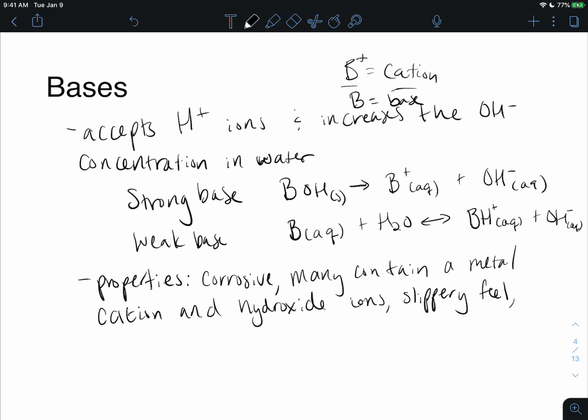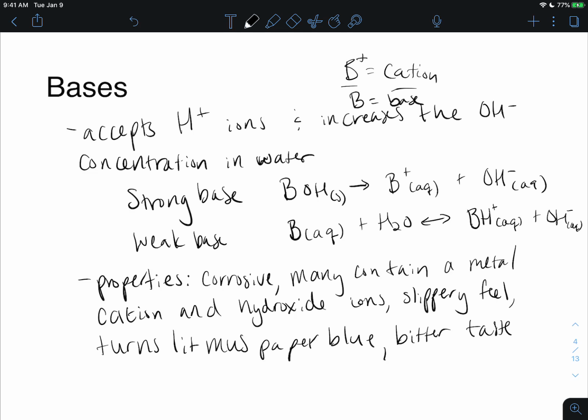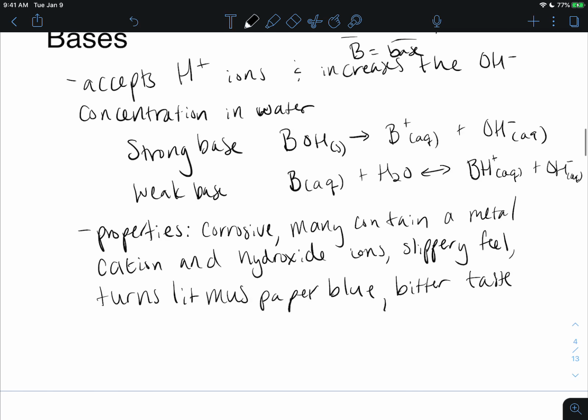They're going to turn litmus paper blue. They're going to have a bitter taste. So if anybody's ever had baking soda, it is a pretty common weak base, and it has a very bitter taste. If you haven't tried it, don't. And it has a pH above 7.